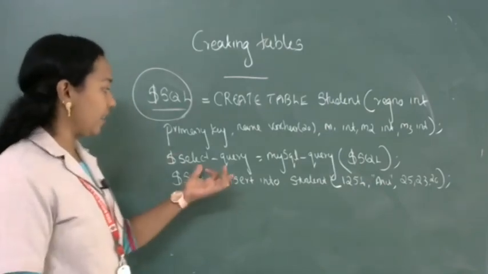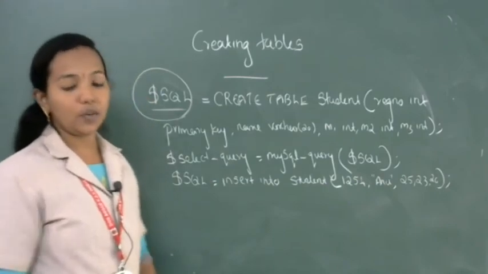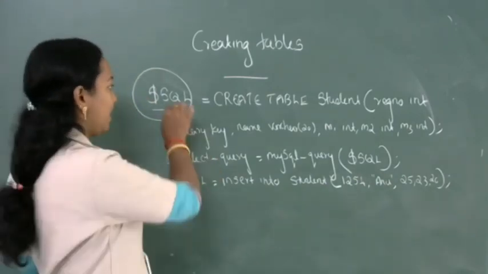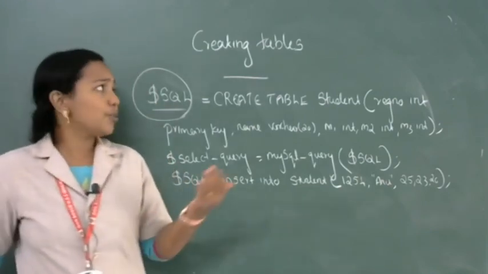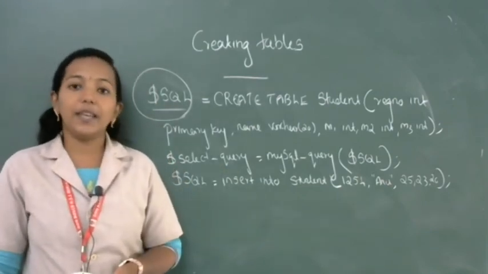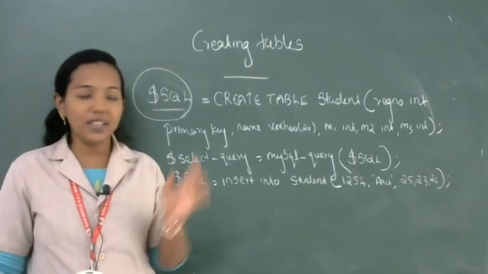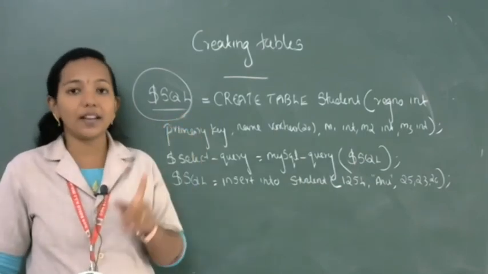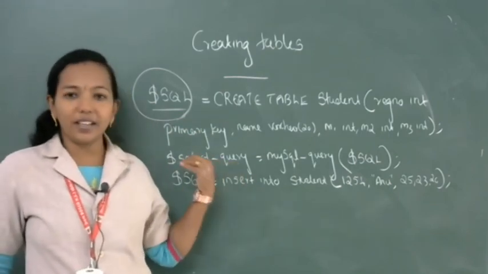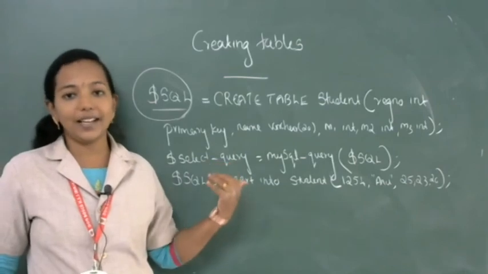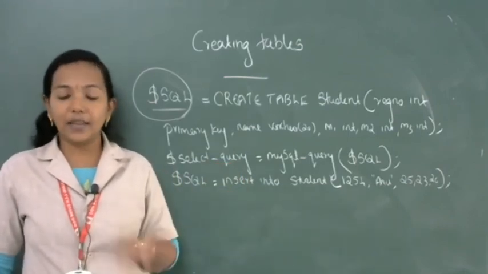Then again I can write $select query is equal to MySQL query $SQL. Whichever statement is present in $SQL, it will work. This is a speciality of PHP. Whichever SQL statement we are specifying, that statement you want to include in $SQL. Then $select query is a variable, to indicate which query we are executing.